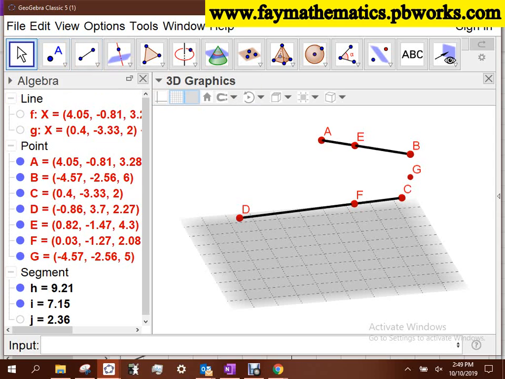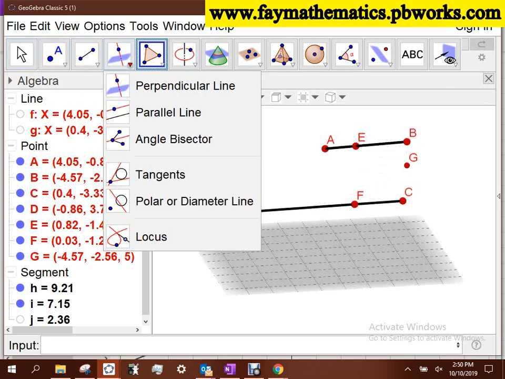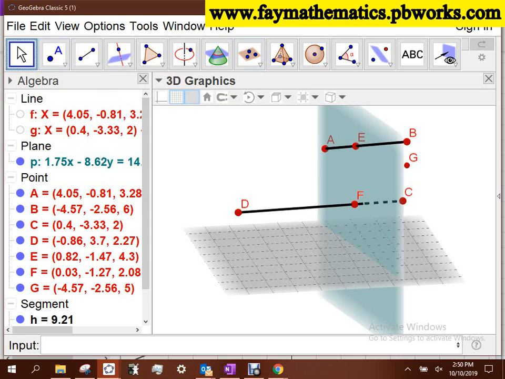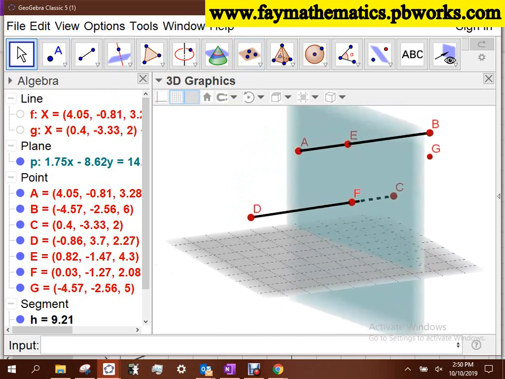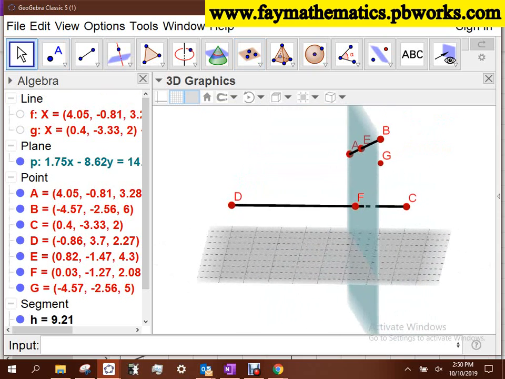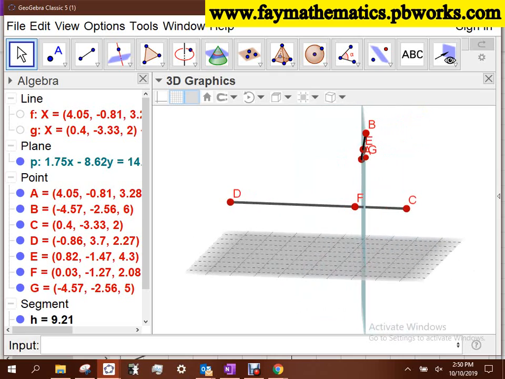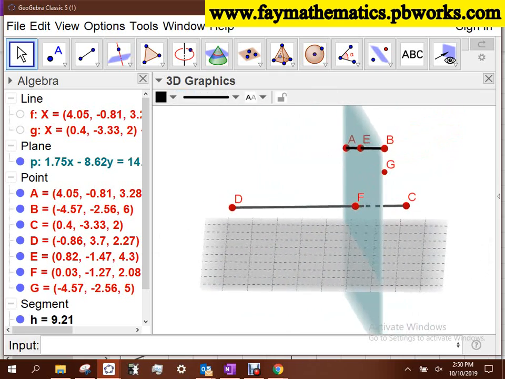All right, you guys agree that this plane right there contains that line AB, or that segment AB? Does that make sense? This line here intersects that plane. So DC intersects that plane one time. When this happens, those two lines are non-coplanar, right?